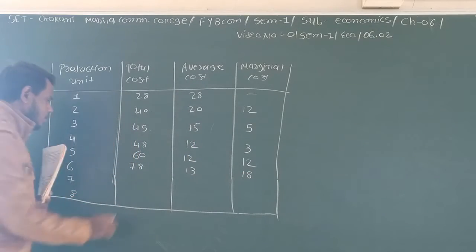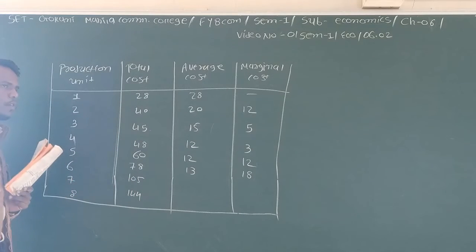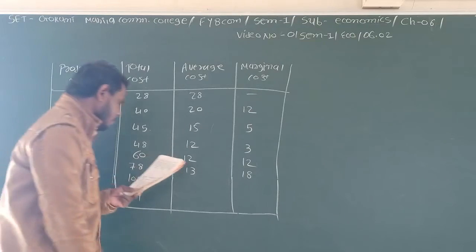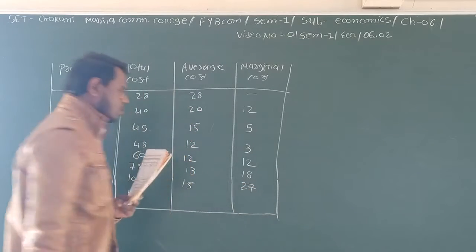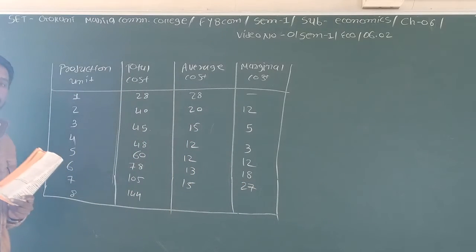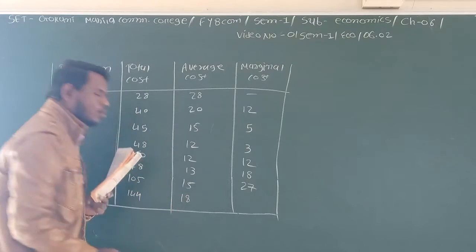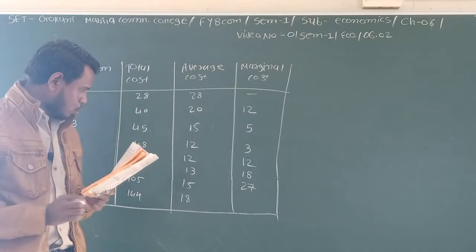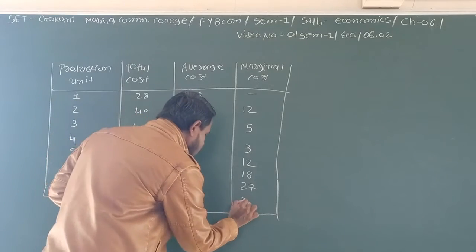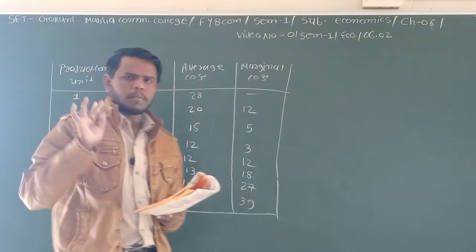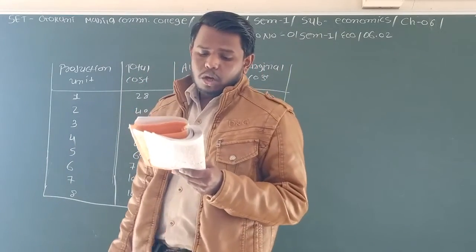After that 7, 105, and on 8, 144. 105 divided by 7, that means rupees 50, and the marginal cost is 27. 105 minus 78, 144 divided by 8, that is 18. You can do this operation in the calculator also. And 144 minus 105, that is 30. This is the simple box given in your book.